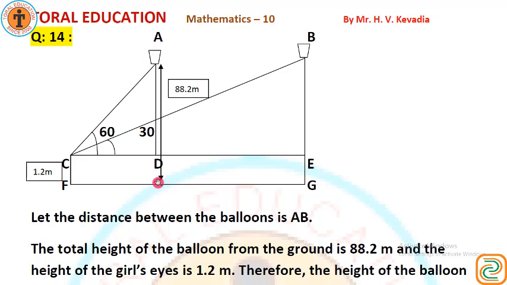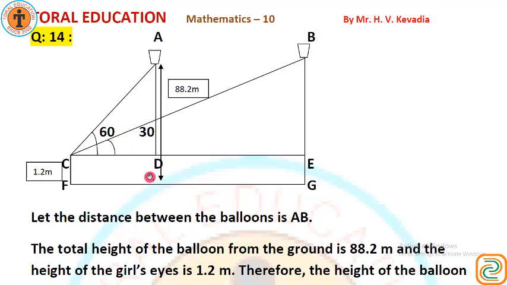The angle of elevation of the balloon from the eye of the girl at any instant is 60. When she saw from here, the angle of elevation is 60. After some time the balloon goes away, so the angle reduces to 30. Find the distance travelled by the balloon during the interval.